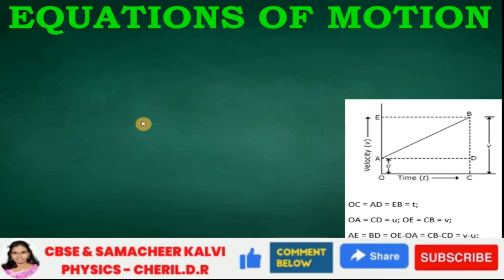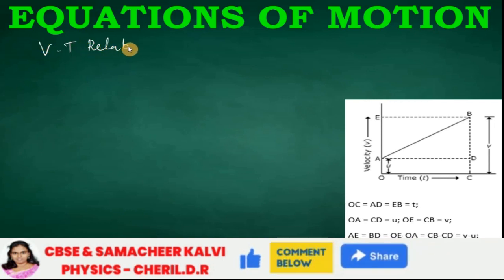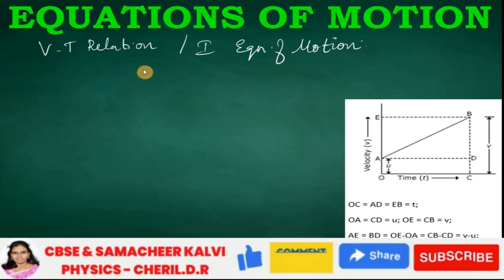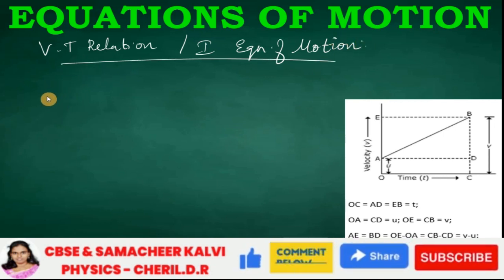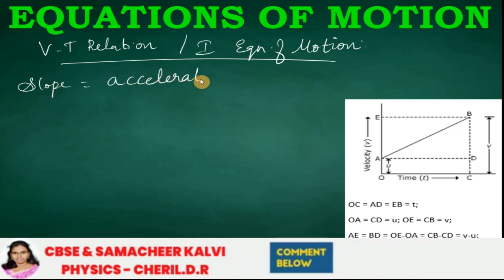Yes. We'll do a quick recap again for the velocity time relation, or the first equation of motion. You are going to calculate the slope, which will give you the acceleration.